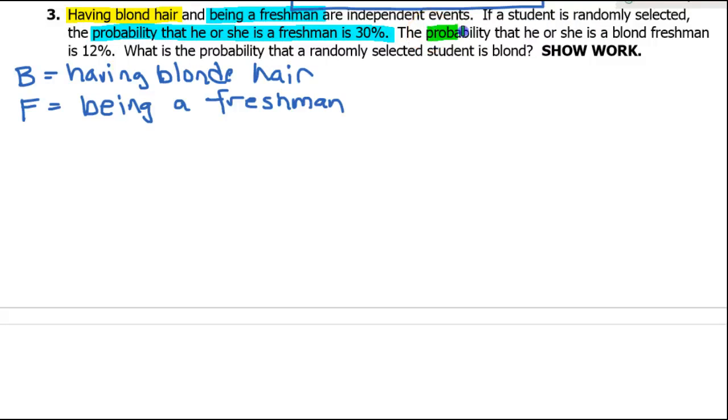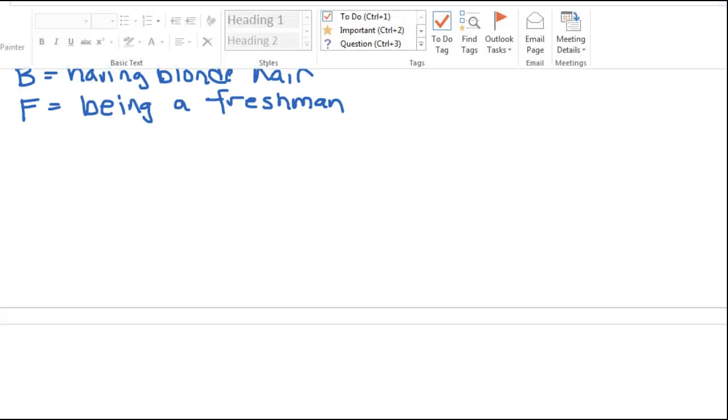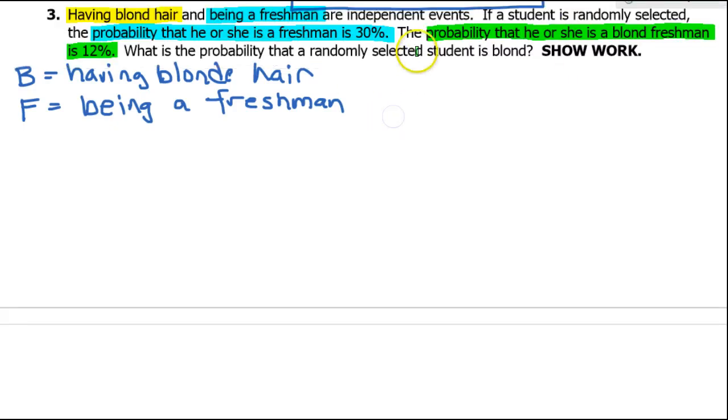That's the same thing as saying blonde and freshman. What is the probability that a randomly selected student is blonde?